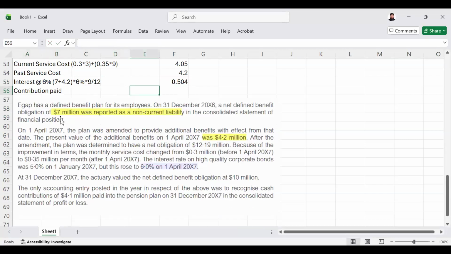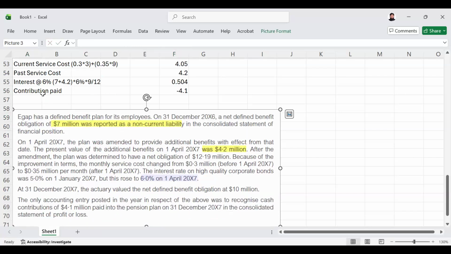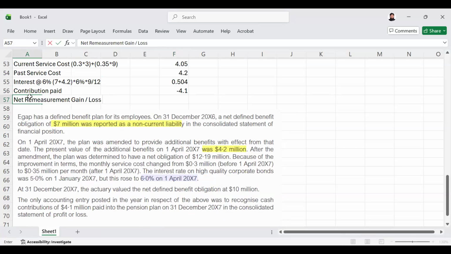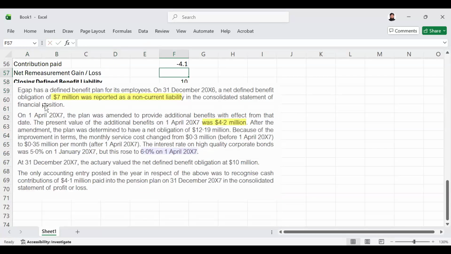The contributions paid are going to be what? 4.1 million. Closing defined benefit liability is 10 million.